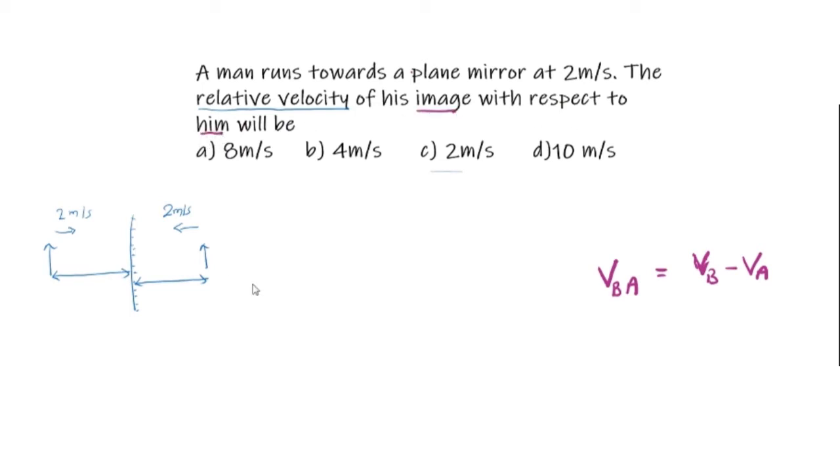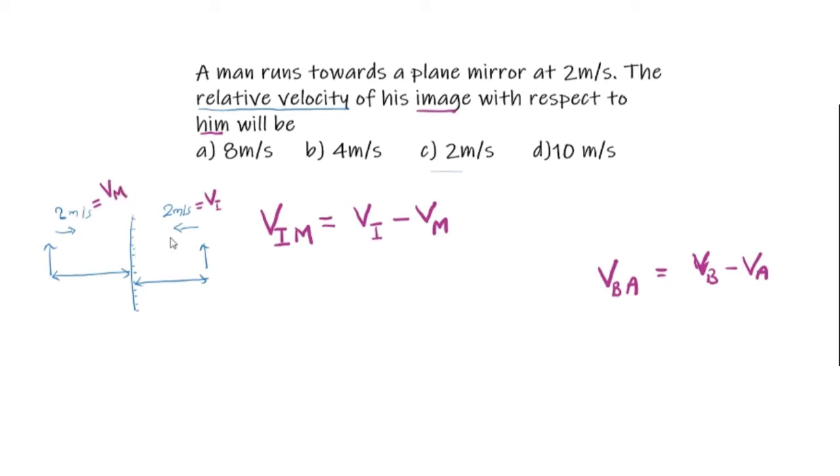Now coming to our question, we have to find the relative velocity of image with respect to the man. That means the formula will be velocity of image minus the velocity of man. So the velocity of image we know is 2 meters per second, and the velocity of man is also 2 meters per second.